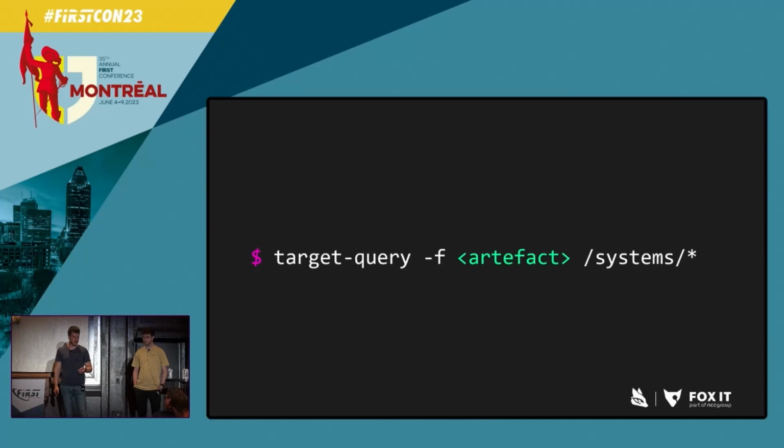You can type target-query -f and then the artifacts of your liking, and then just the systems folder with a wildcard. That's where all the systems are. The -f decides what kind of plugin you will run against the data. For example, you can use hostname, version, users, but also run keys. But there's much more to that, of course.